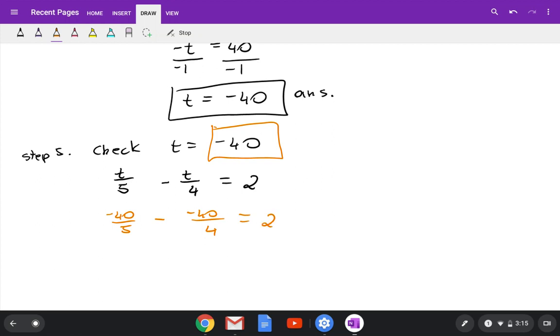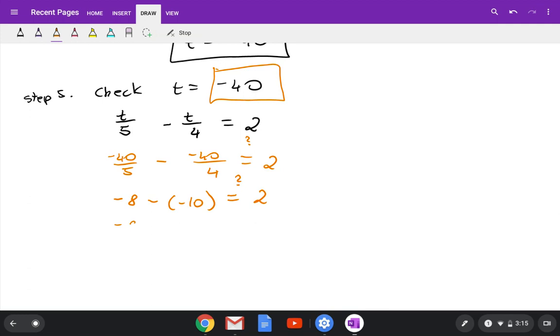So we're getting negative 40 over 5, which is negative 8, minus negative 10, and we're checking if that will be equal to 2. So you want to check if your solution is correct. We got negative 8 plus 10. Definitely it's equal to 2, which means we solved that problem correctly.